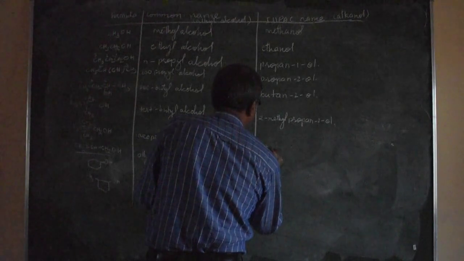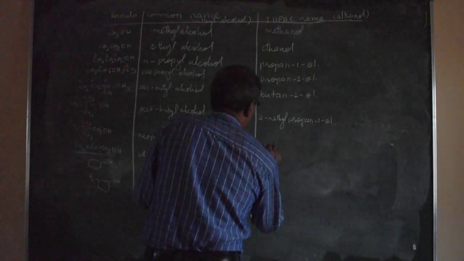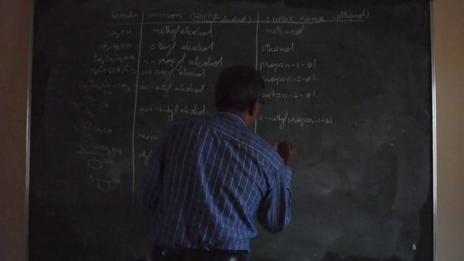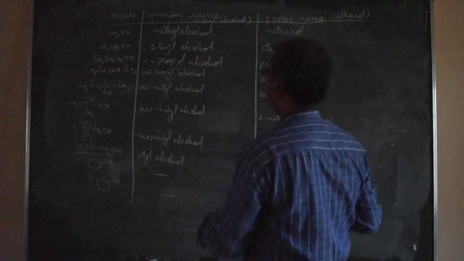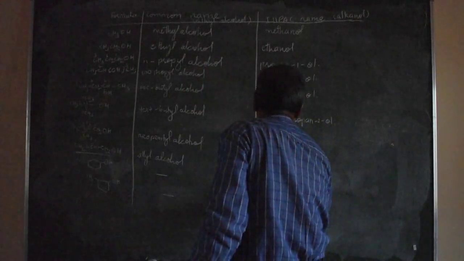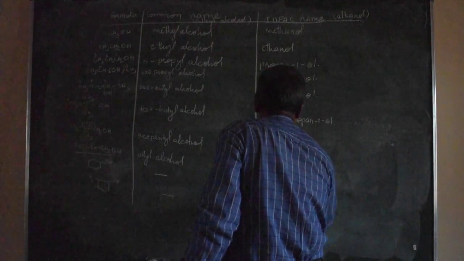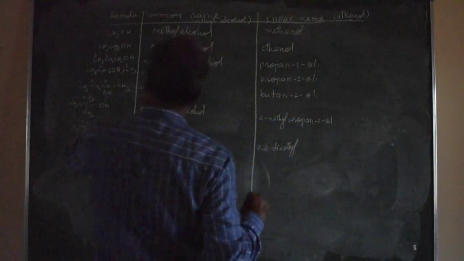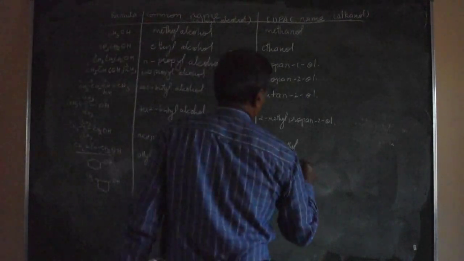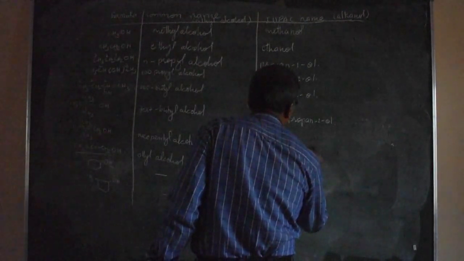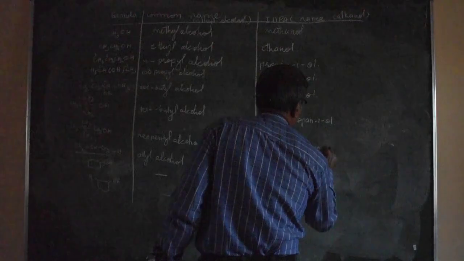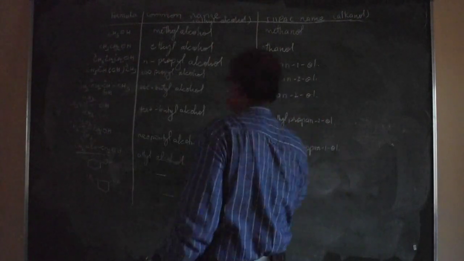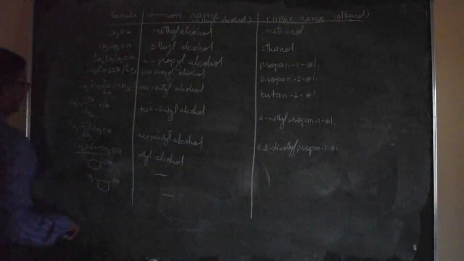The locants are 2, 2. The number of identical substituents is 2, so it is dimethyl. Then it is 2,2-dimethylpropan-1-ol, the IUPAC name of this compound.